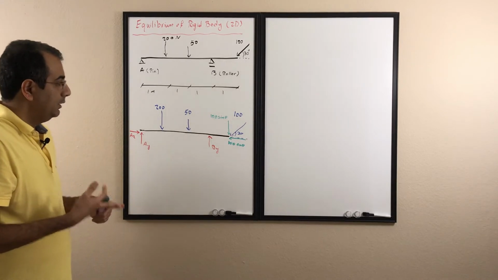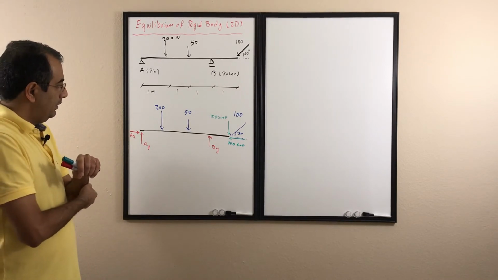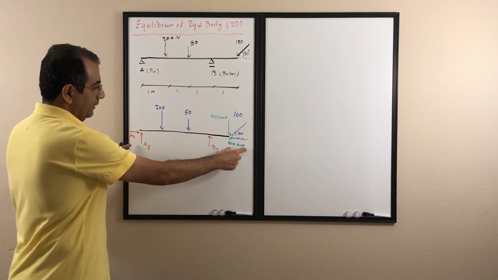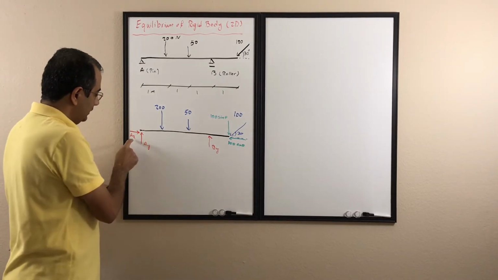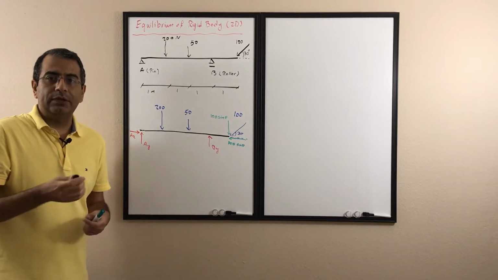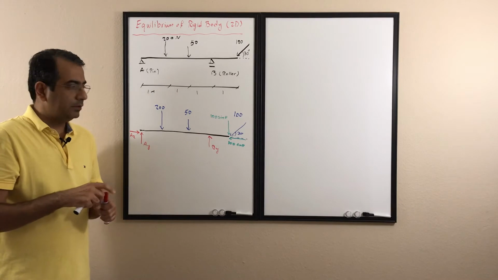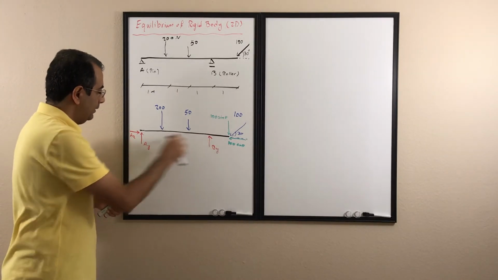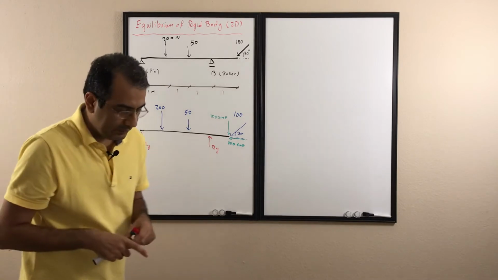If I look here, the only forces I have in the x direction are this component and this component, these two. So writing sigma Fx is a really good point to start, because there's only one unknown, and it's going to be very easy to solve.